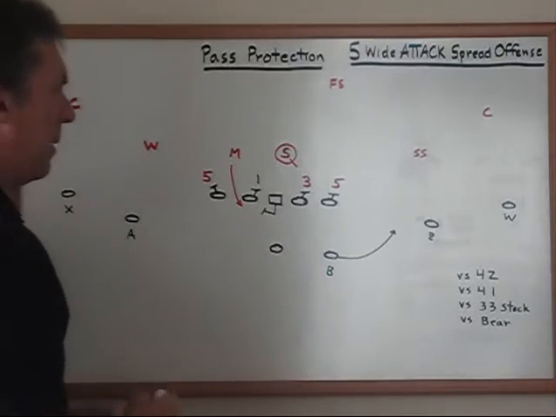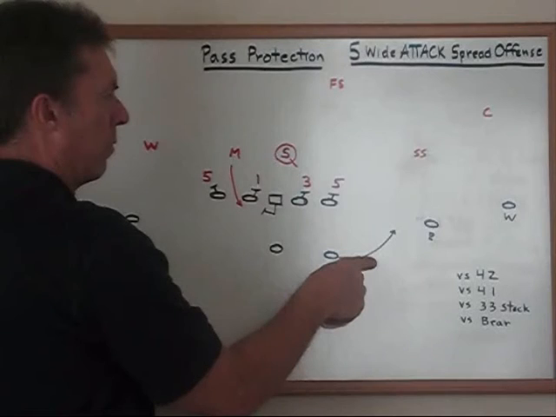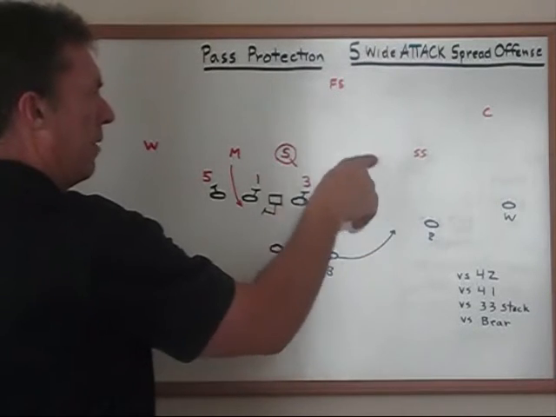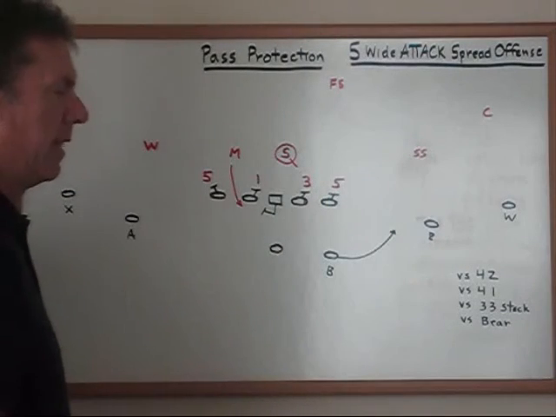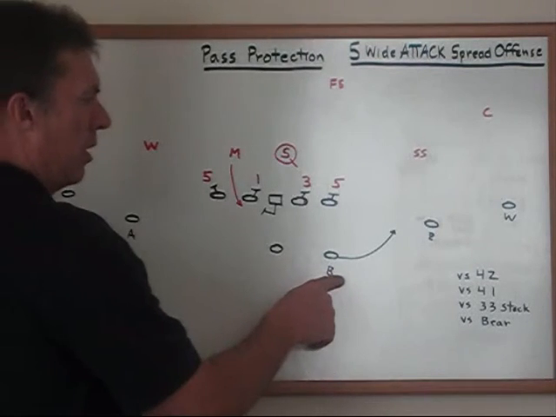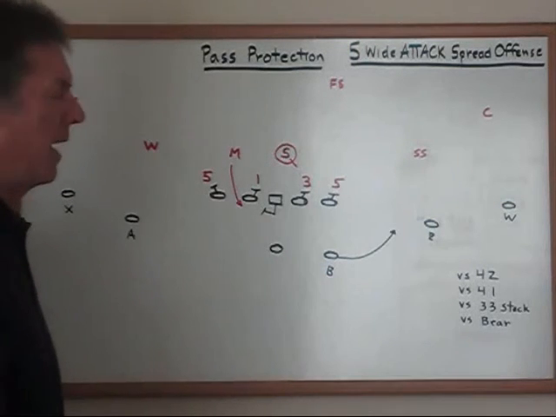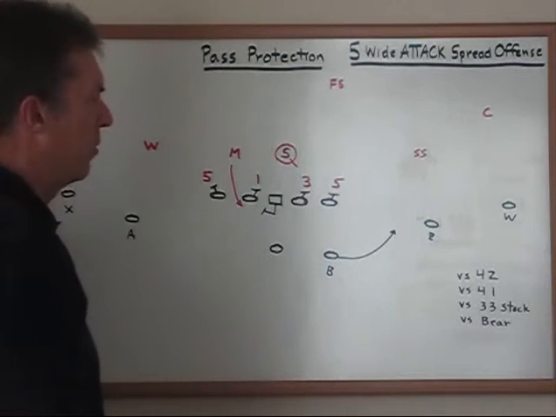So against 3 deep, or against this particular coverage, he has to be responsible for the running back. Now they could play with the free safety, but that's an awful long way to come. And that's one of the keys that we look for that helps us in our protection, is who's going to cover the B. When our back's in the backfield, that's one of the first questions we want to answer, and see in their defense who's going to cover them.